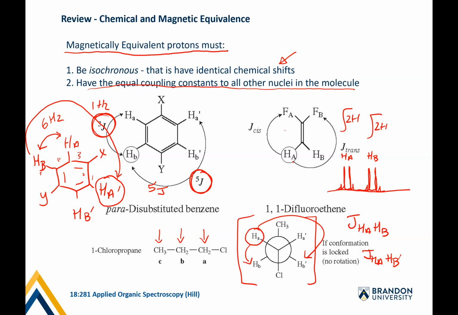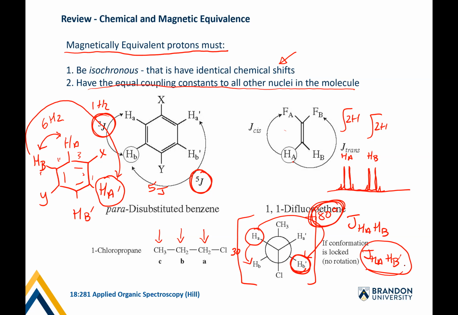Second one. This one should be larger, the coupling constant between HA and HB primed. And that's because this bond angle is 180 degrees, and so it's at one of the maxima for the coupling, for the J3 coupling. This one's at around 60 degrees. No, what is that? 30 degrees. And so that should be lower.